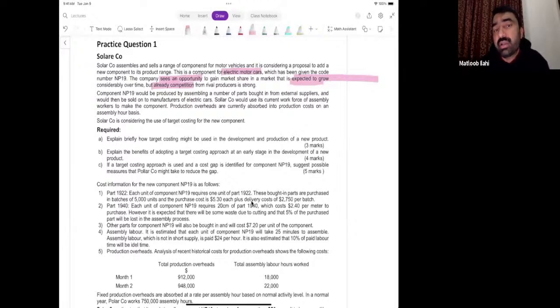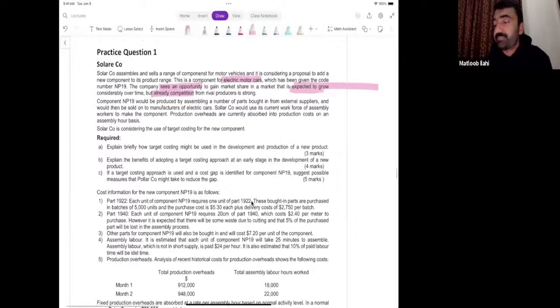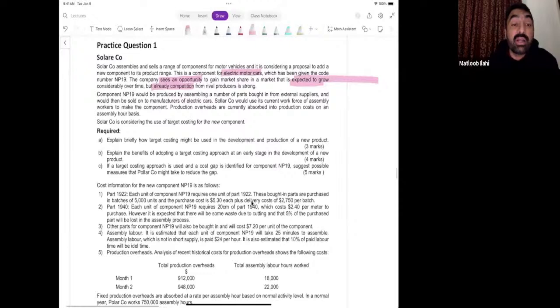Production overheads are currently absorbed into production cost on an assembly hour basis. Okay, very interesting. SolarCo is considering the use of target costing for the new component. So what are the requirements? Requirement A is theoretical: explain briefly how target costing might be used in the development and production of a new product.